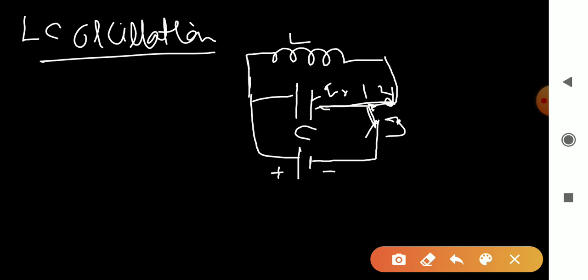Now what happens after this, we can understand from this diagram. In the first diagram, we see that the fully charged capacitor is connected to the inductor, right?